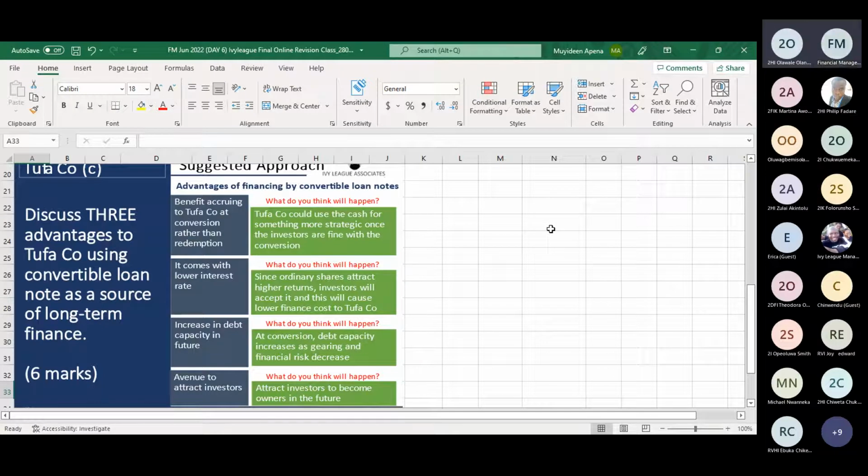Another reason is that this instrument comes with lower interest rates. So can someone tell me why it's coming with lower interest rates? Because the risk is lower than ordinary shares.